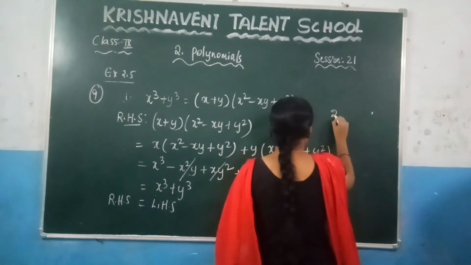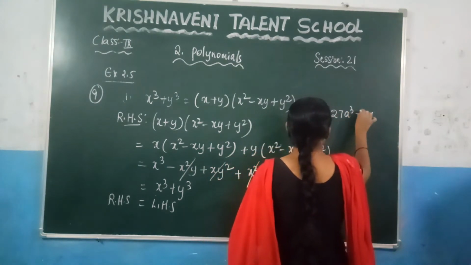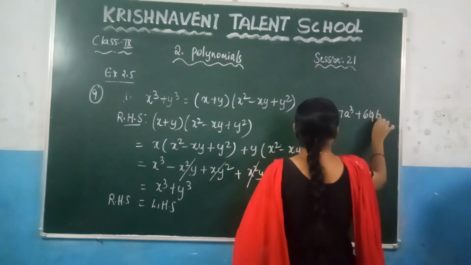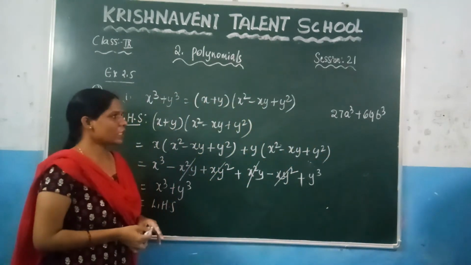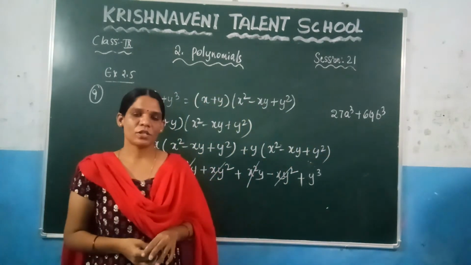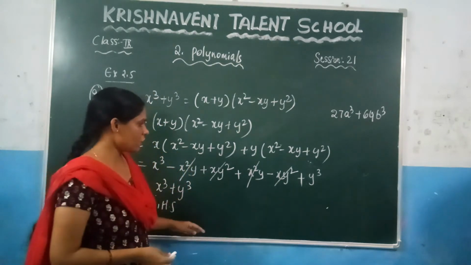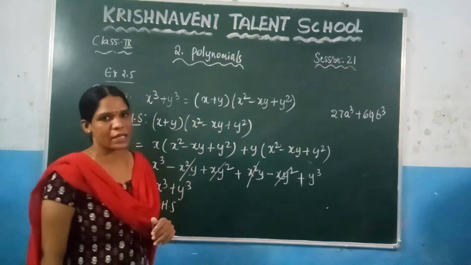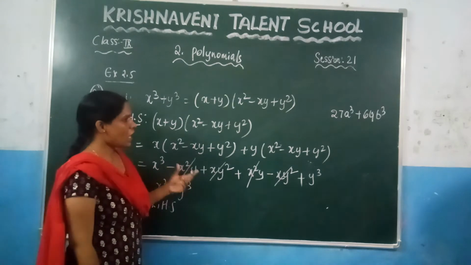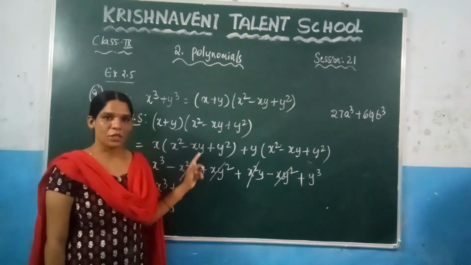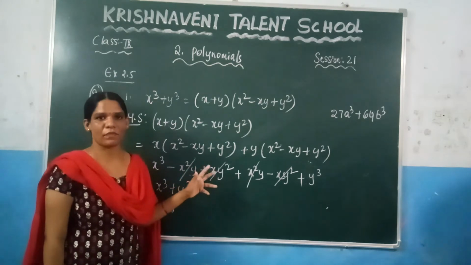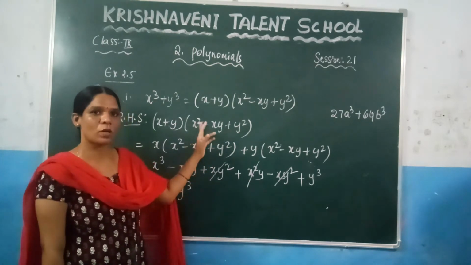Suppose here 27a cube plus 64b cube. In the next question they have given that problem. If you want to factorize this one, just now we said that this is one of the identities. So after proving this statement, you can treat this as an identity, and you can apply it if you are given any problem in this form.